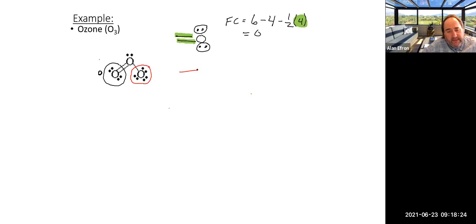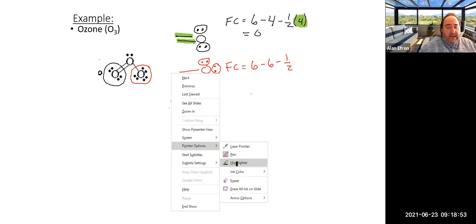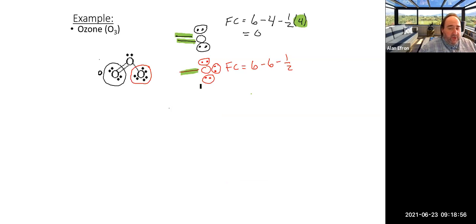Let's take a look at the oxygen on the other side, this single bonded oxygen right here. We would do the same thing. Formal charge would equal, again, the number of valence electrons in oxygen, which is 6, minus the number of non-bonding electrons, which in this case is 2, 4, and 6, minus 1/2 the number of bonding electrons, which is the line here, which is 2.